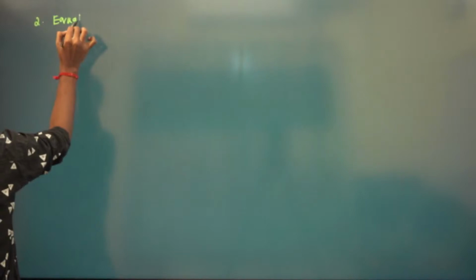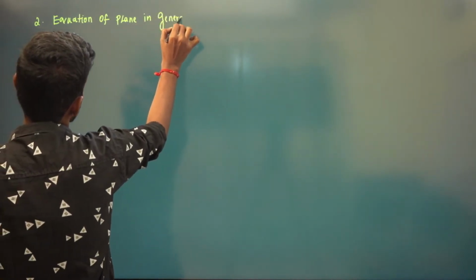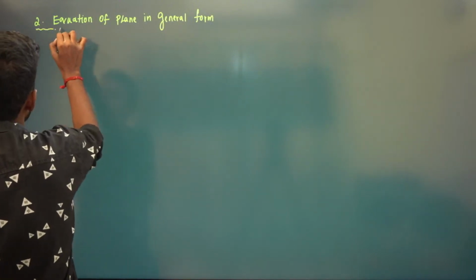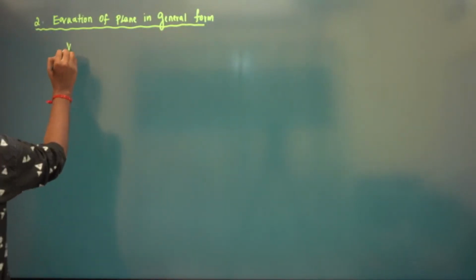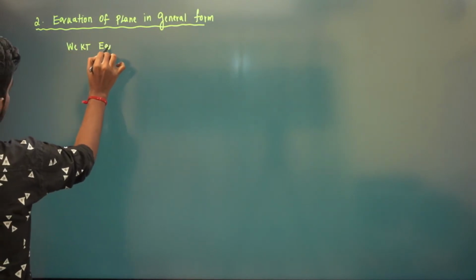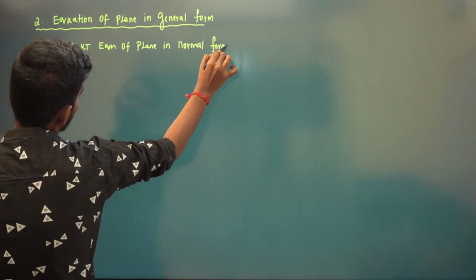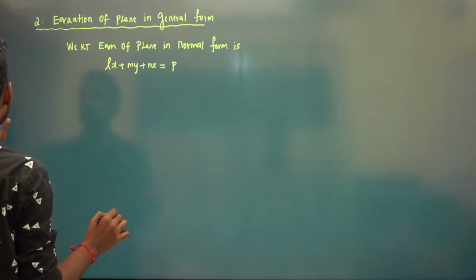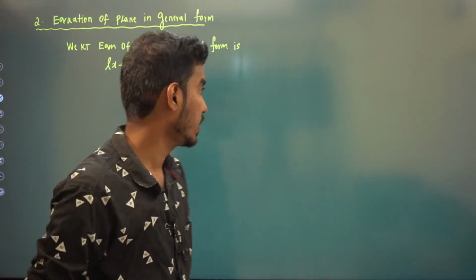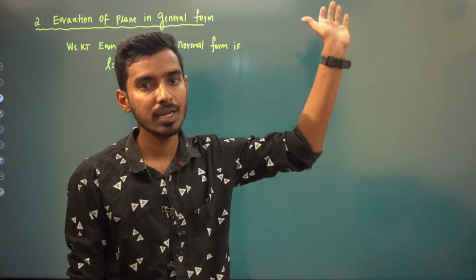We already know the equation of the plane in normal form is given by Lx plus My plus Nz is equal to P, where L, M, N is the direction cosine and P is the length of the perpendicular from origin to N. Now I'm going to convert direction cosine in terms of direction ratio. We will obtain the equation of the plane in general form.